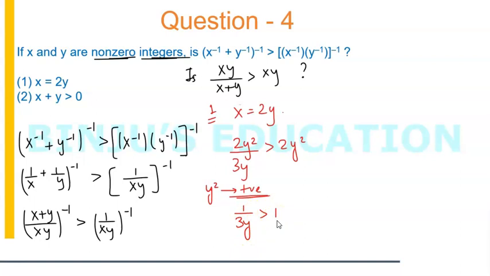Okay. So if y is a non-zero integer, let's first talk about the positive part. The values of y will be like 1, 2, 3, 4, 5, and so on and so forth.